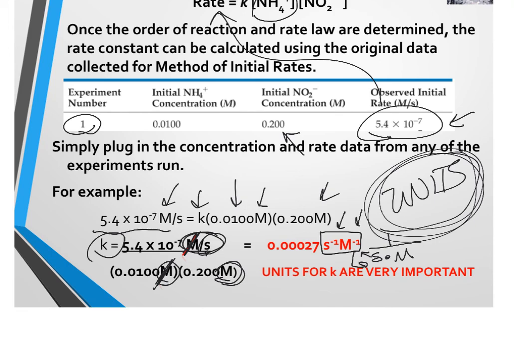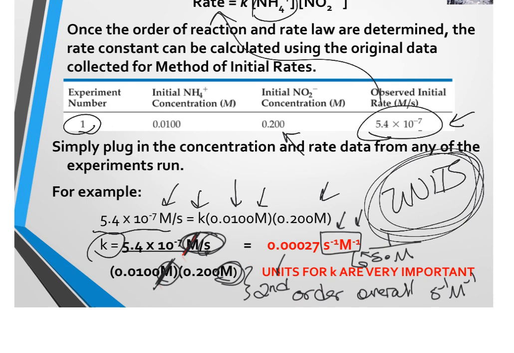So you will find as you practice that the units for any second order overall reaction, remember they were each first order, will always have the units of seconds to the -1, molarity to the -1, always. So that's my little memory thing.